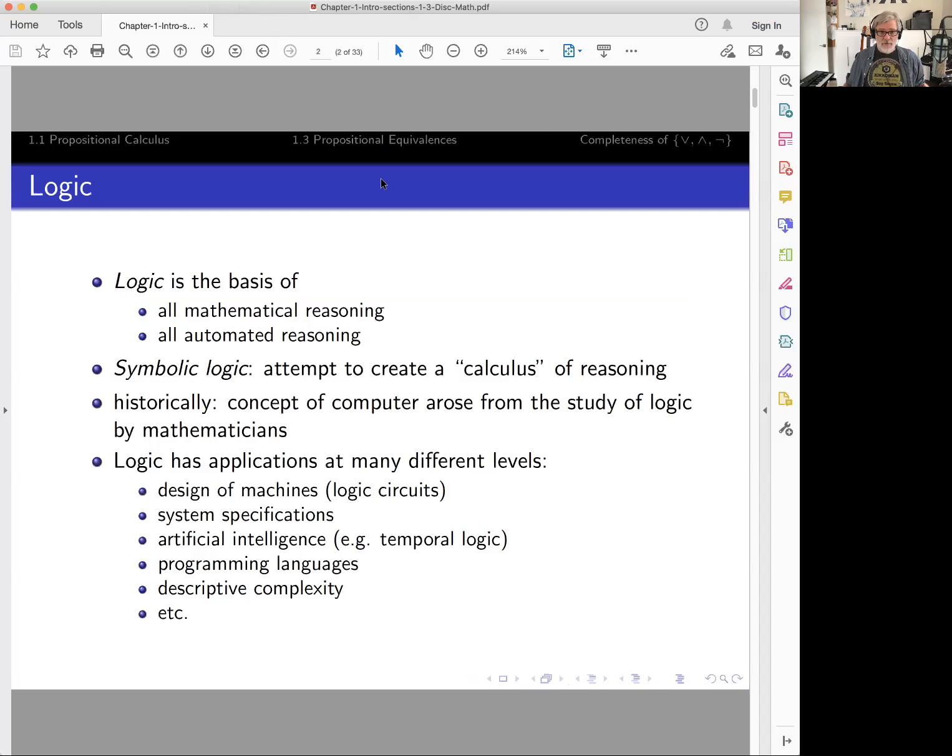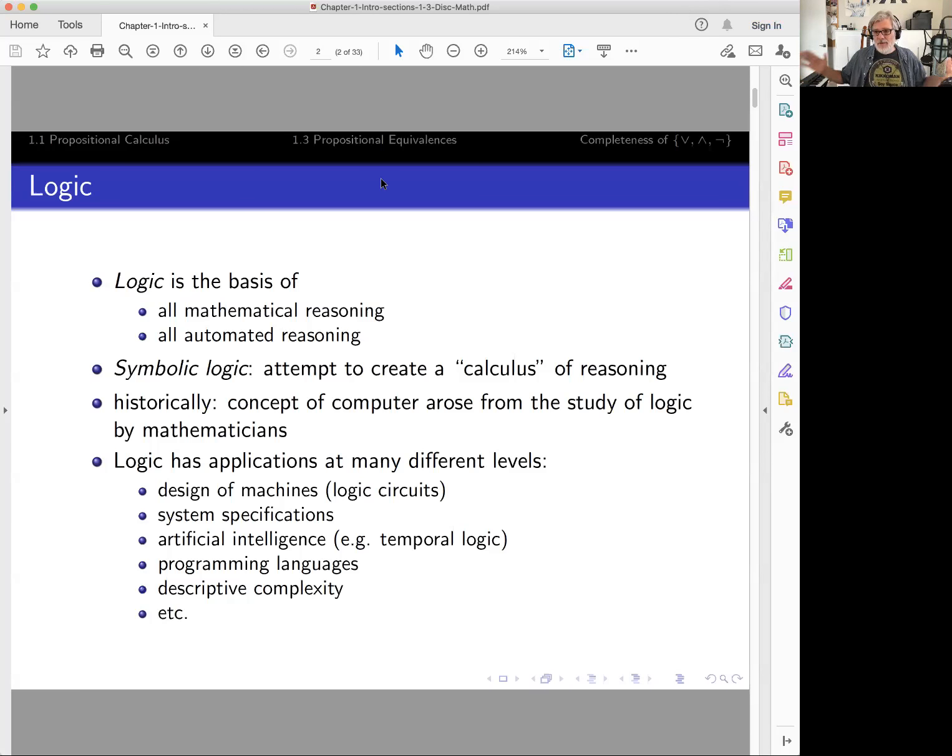So here's a little introduction to what this is all about. Logic is the basis of all mathematical reasoning, and all automated reasoning. What we're going to look at more precisely is part of what's called symbolic logic.